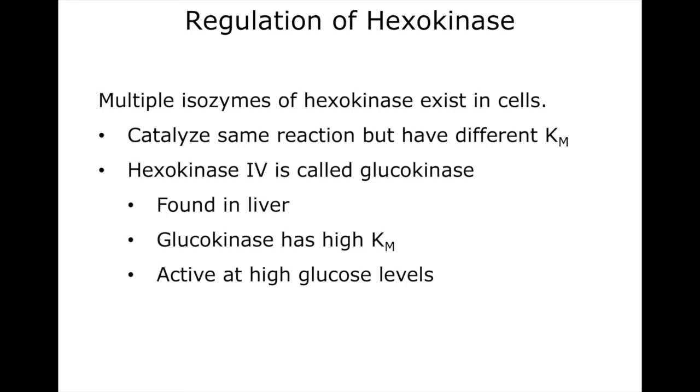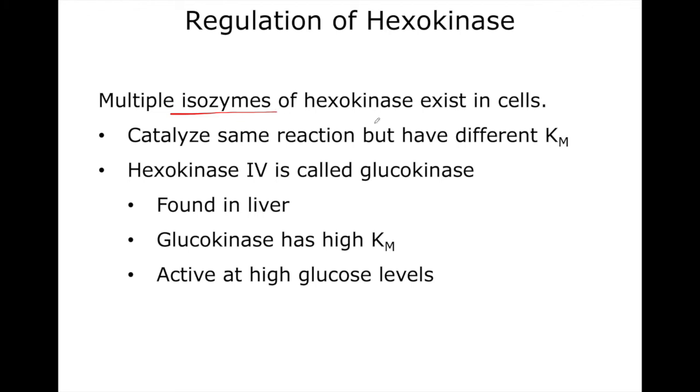So just a couple more quick points about hexokinase. We've talked a little bit about this previously when we were discussing glycolysis. Hexokinase regulation is somewhat controlled by the expression of different isozymes, which of course are different forms of an enzyme. They have different amino acid sequences, but they catalyze the same reaction.